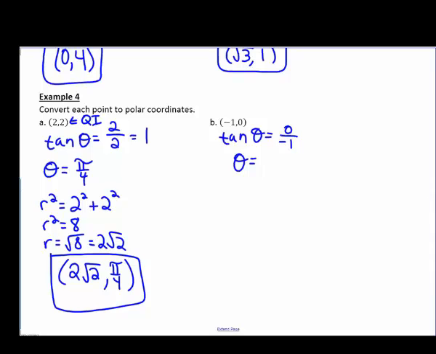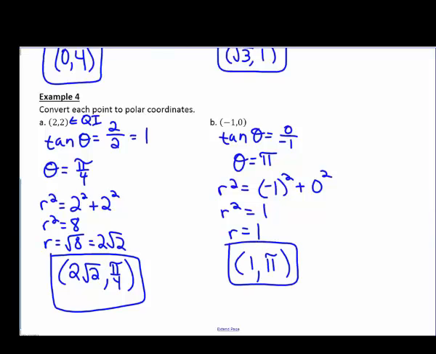But the point (-1, 0) is at the angle pi. And then again, we can do our r squared equals x squared plus y squared. So here r squared equals 1, so r is going to equal 1. So we have the point (1, pi). And that is how you can convert from polar to rectangular and rectangular to polar.